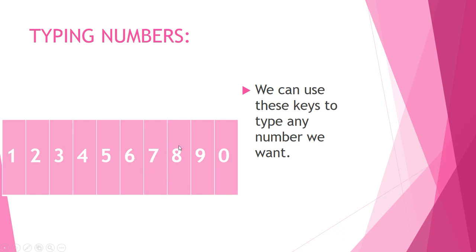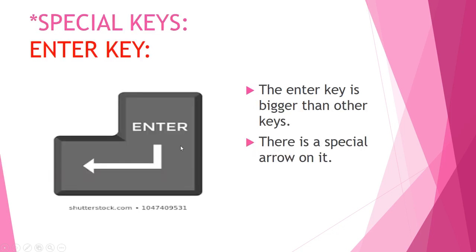Okay. Next is special keys. Which are the special keys? First is the enter key. The enter key is bigger than other keys. There is a special arrow on it.